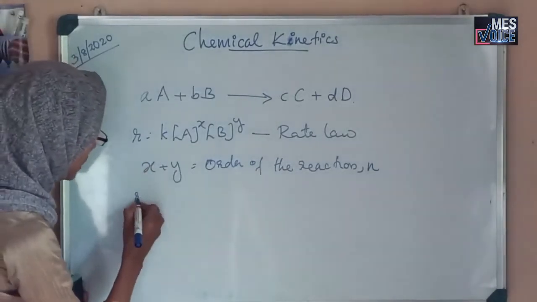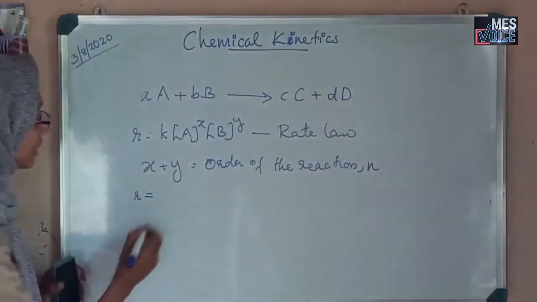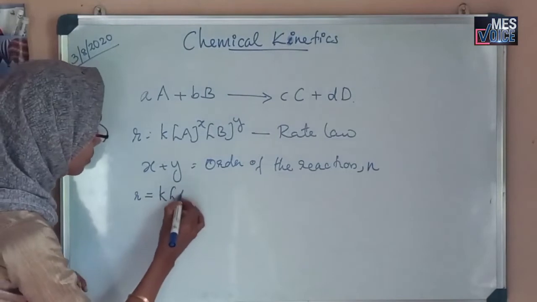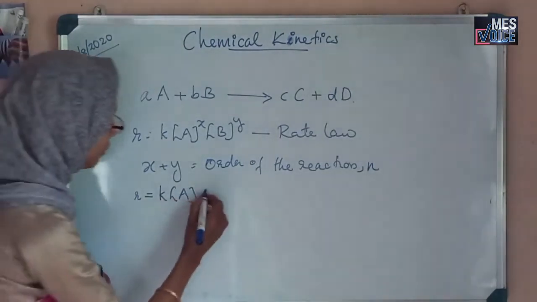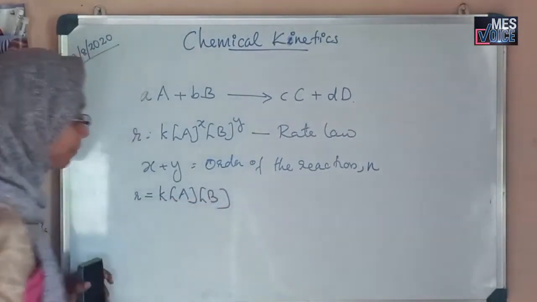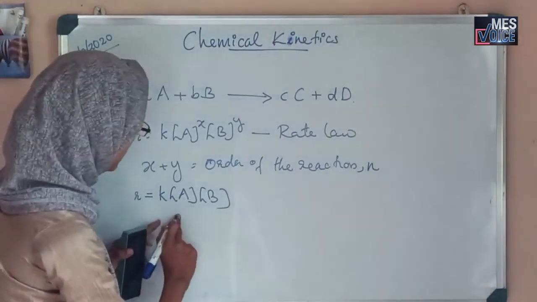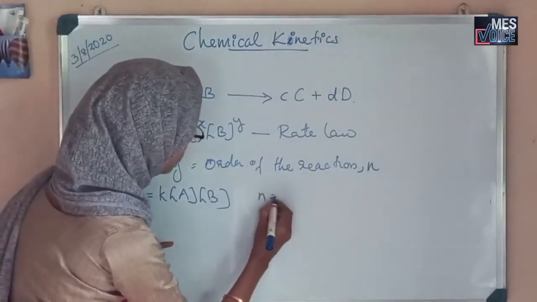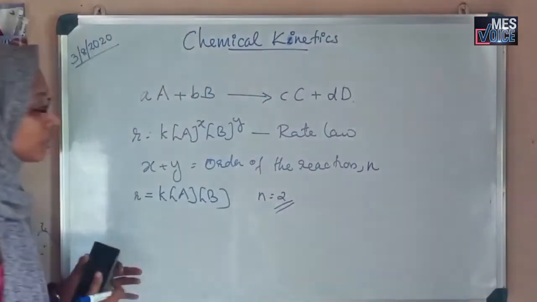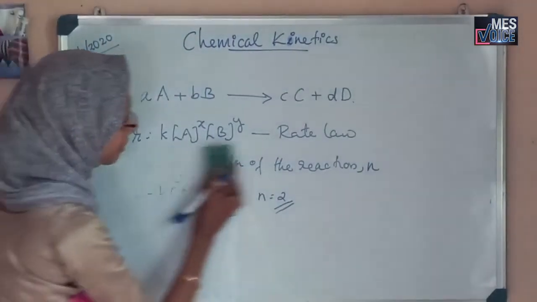Suppose rate is equal to k into concentration of A into concentration of B. Then in such a case the order is equal to 2, which is known as a second order reaction.